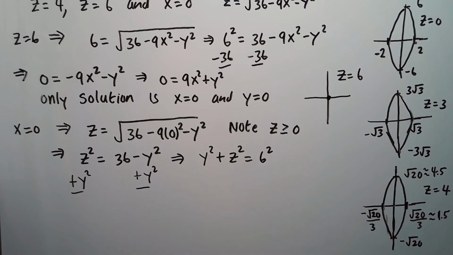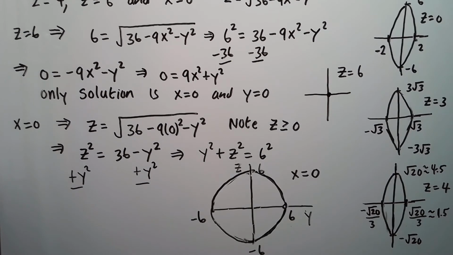Okay, so then this is going to be a circle of radius 6 centered at 0, 0. So let me graph it right here. So we have a circle of radius 6, and say this is the z-axis coming up this way, y-axis coming this way. This is when x is 0. Okay, so now let's try and graph the surface.